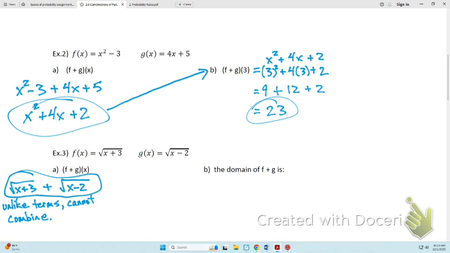Now the domain is very tricky. So let me write something. For domain, you cannot square root a negative.